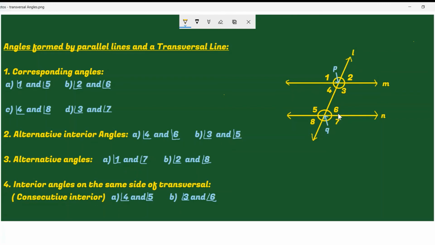According to the position, these angles are classified into 4 types.